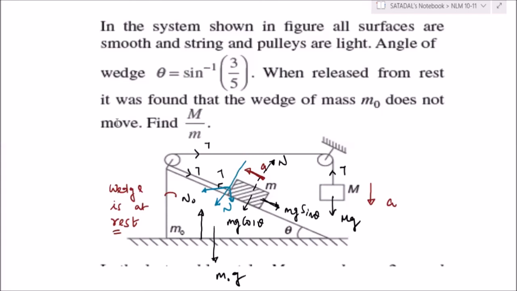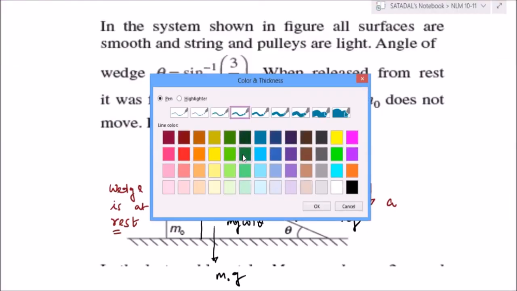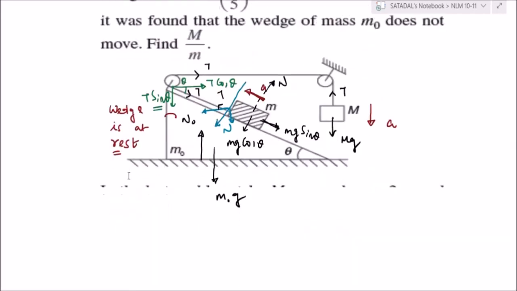You have to take the components, no? Because that is the force acting on the wedge. Yes, sir. Right, so in this direction also you will have, this will be theta. So this is T cos theta. In the downward direction you will have T sin theta. Okay, I hope it's clear now for everyone.